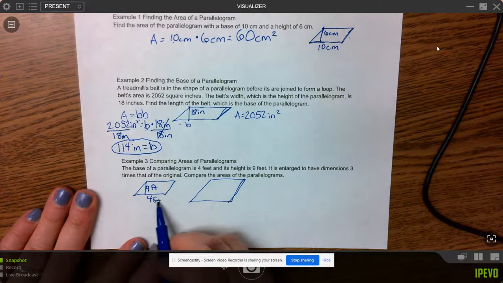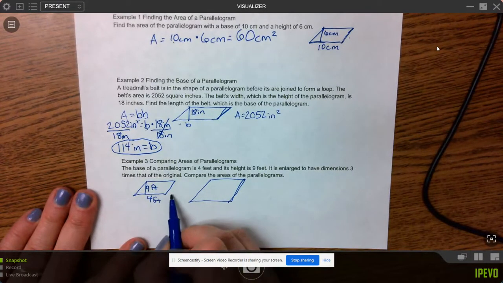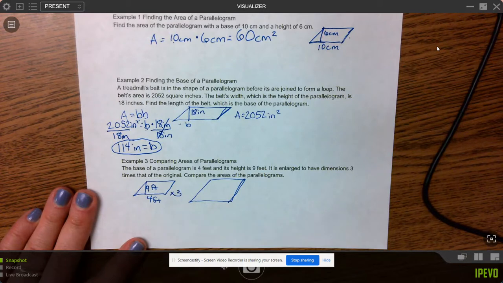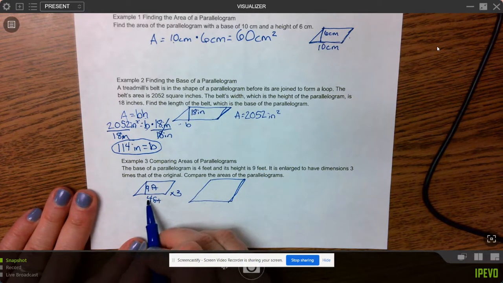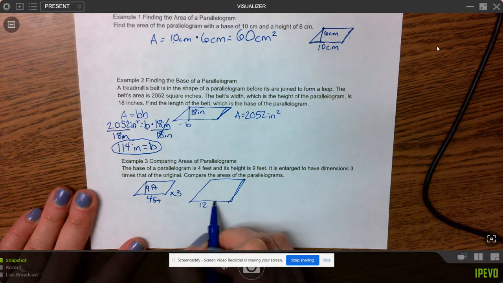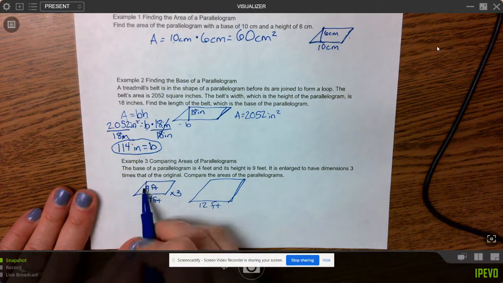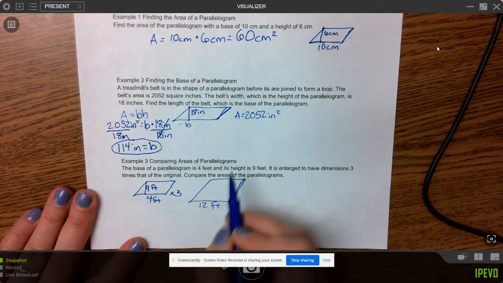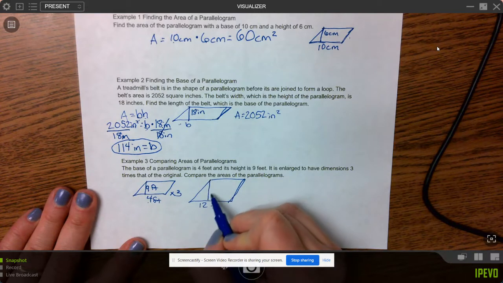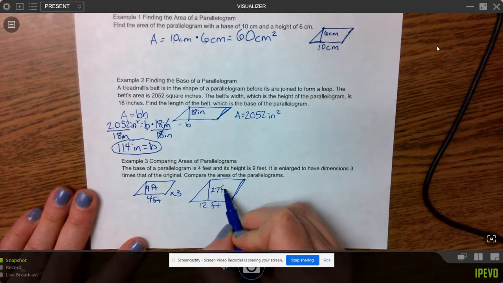If I'm enlarging it 3 times, I multiply each dimension by 3. So instead of 4 feet, I have 4 times 3, which gives me 12 feet. Instead of 9 feet, 9 times 3, my height is going to be 27 feet.